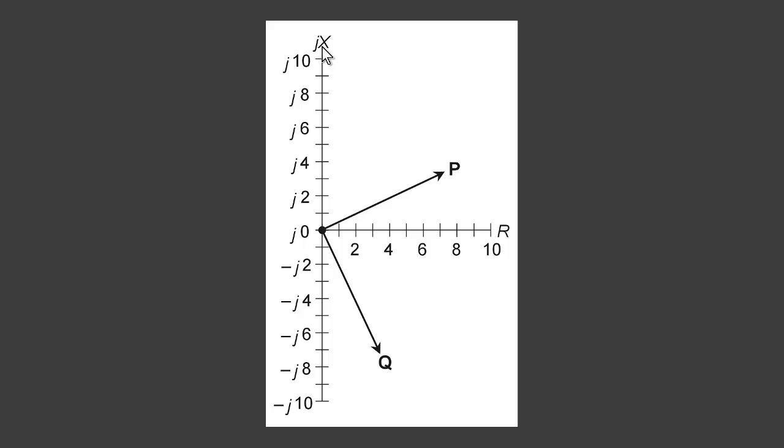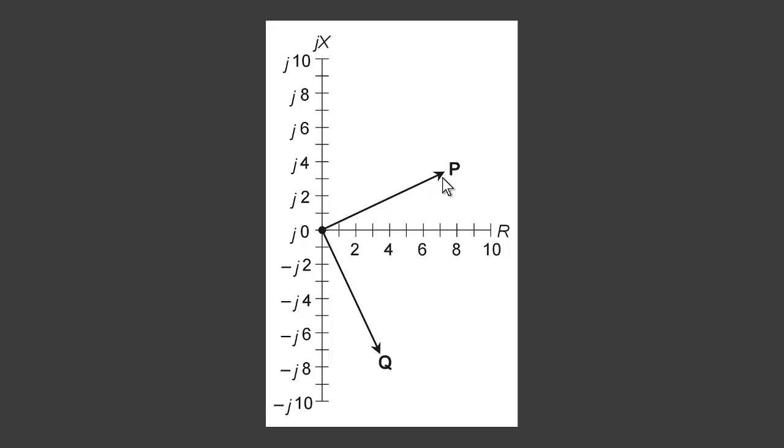Jx, x standing for reactance, and J standing for the J operator, which is the square root of -1, making all of these quantities imaginary numbers. So resistance, R, and reactance, Jx, combine mathematically to give us impedance.